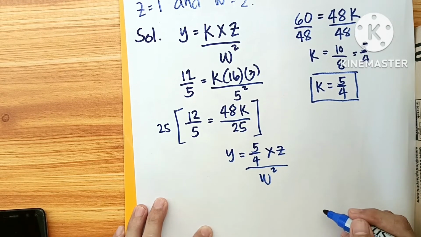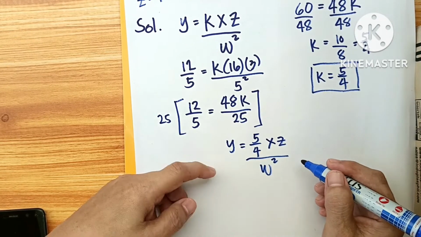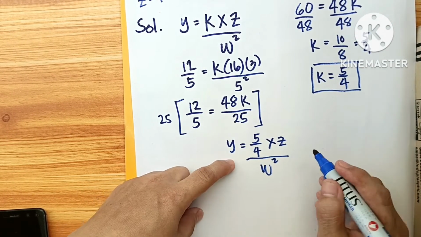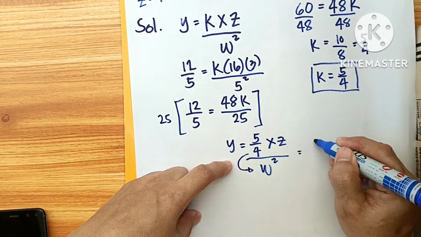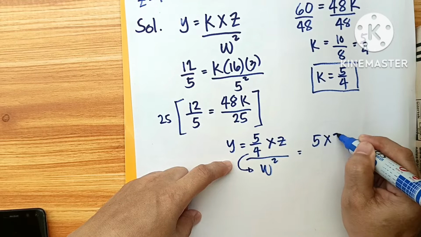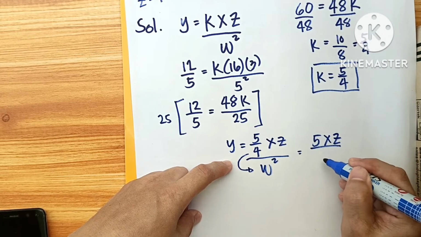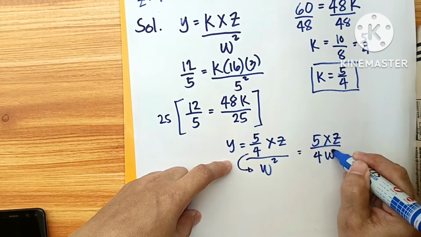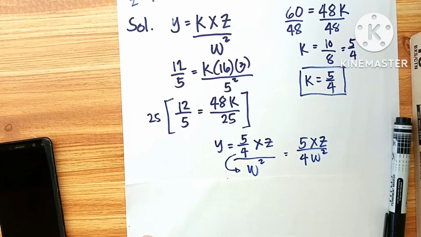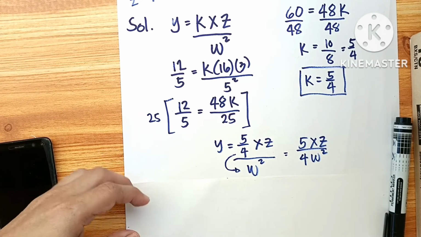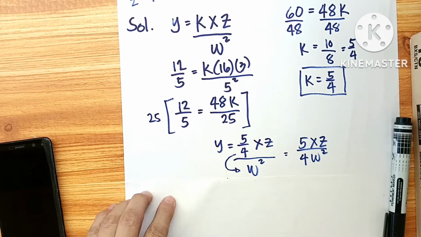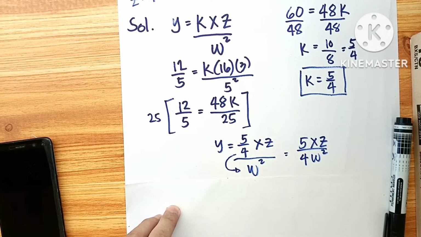So again, just like earlier, I said, to simplify the equation, you can bring down the 4 here. So we can write this as 5xz all over 4w squared. Okay? Let us now solve for y when x is 8, z equals 1, and w equals 2. So, you can no longer see that, it's already above, so I just read it.